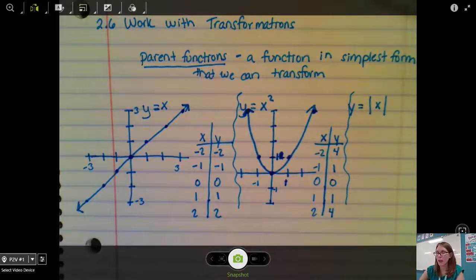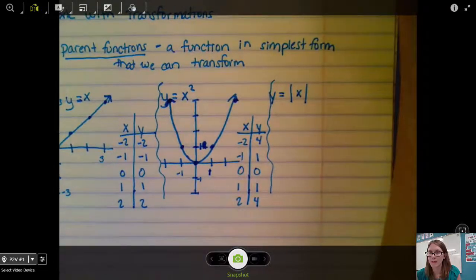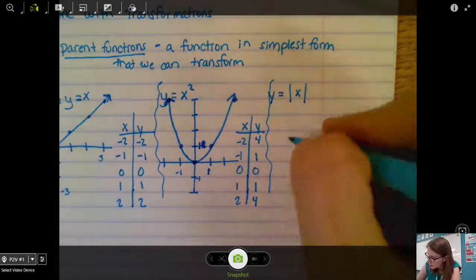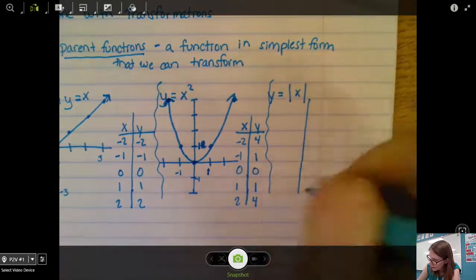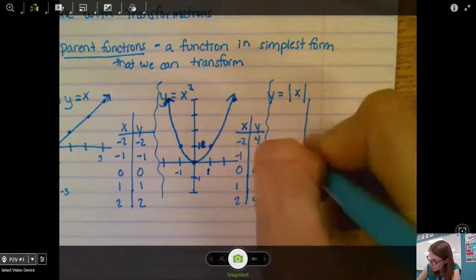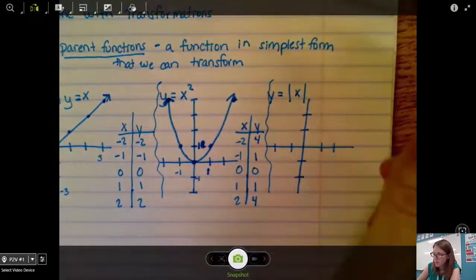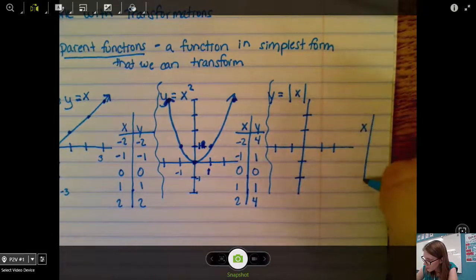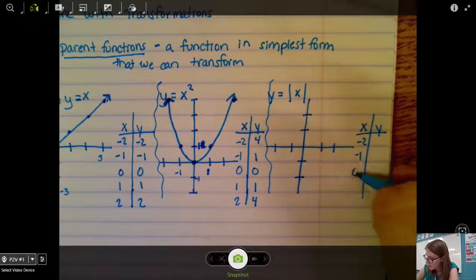And then our last parent function we're going to work with right now is the absolute value of x. So I'll make my x and y axis again. And then my table of values. -2, -1, 0, 1, and 2.